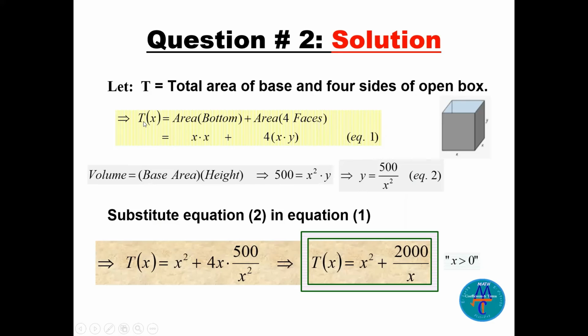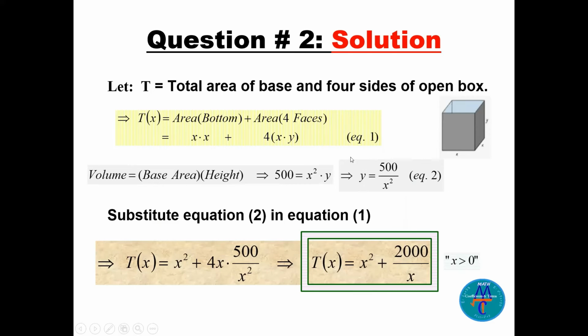So directly we can write T, let's say, let T be the total area of the base and the four sides. The base here will be x and x, so when you find the area, x squared. The four sides, you have one side, two sides, three sides, four sides.